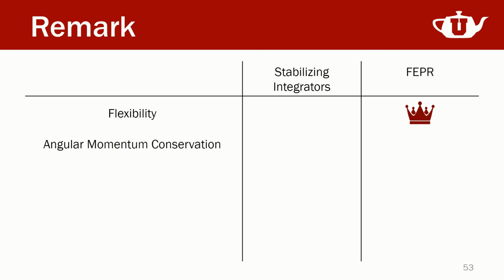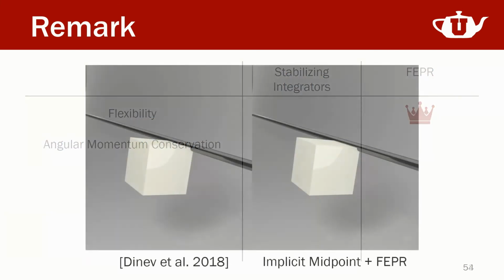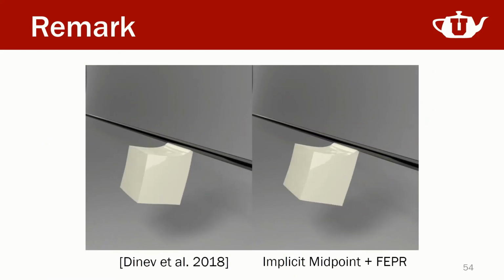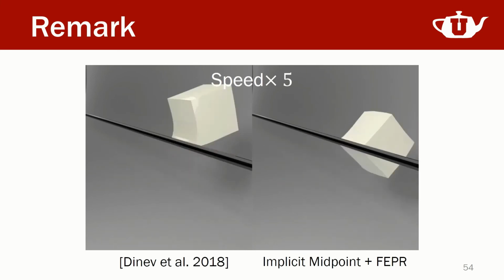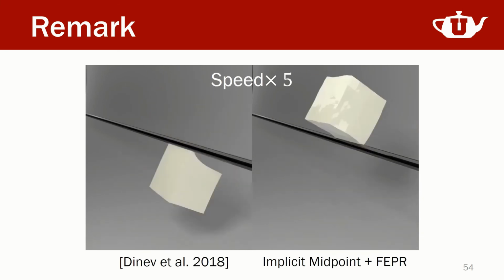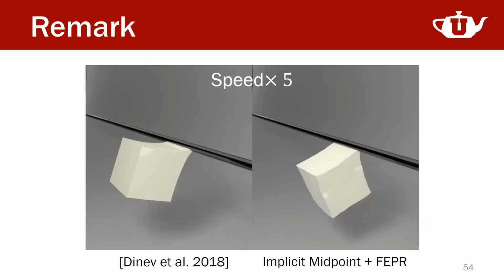Angular momentum conservation. Let's take a look at the spinning cube example that can reflect angular momentum the most. Here, stabilizing integrators is on the left and FEPR is on the right. We can speed up the playback 5 times so we can see the right cube spins faster than the left one.